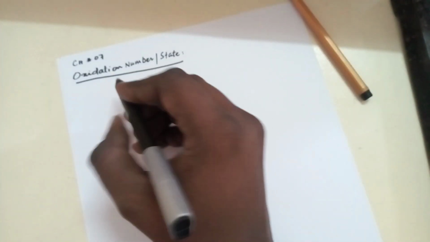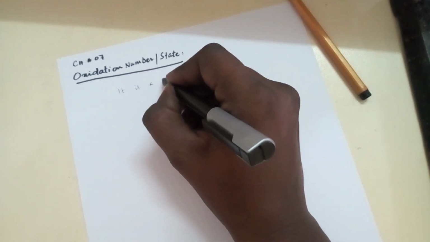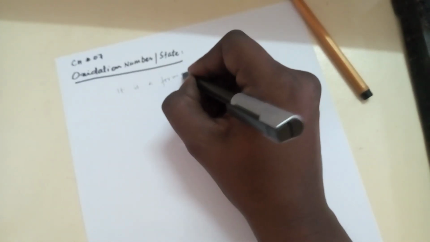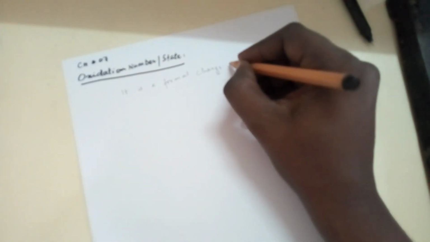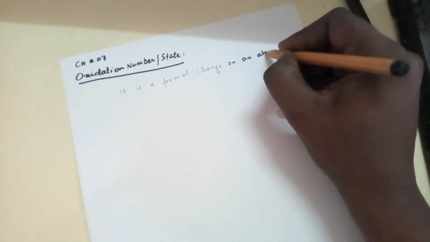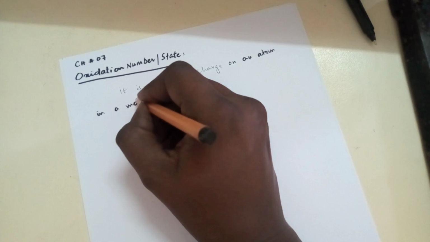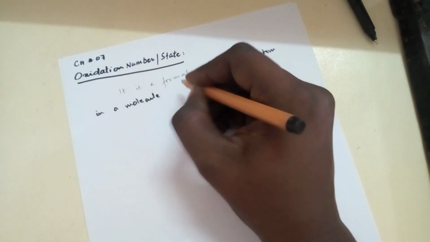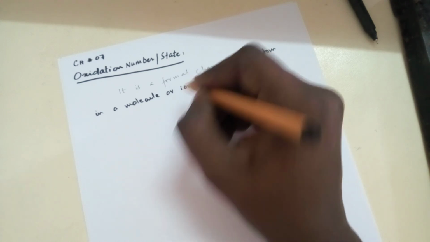Now, oxidation number or oxidation state is a formal charge on an atom in a molecule and ion.